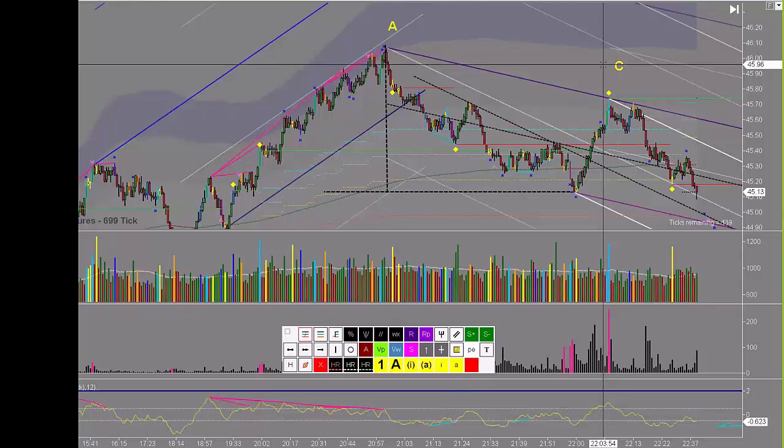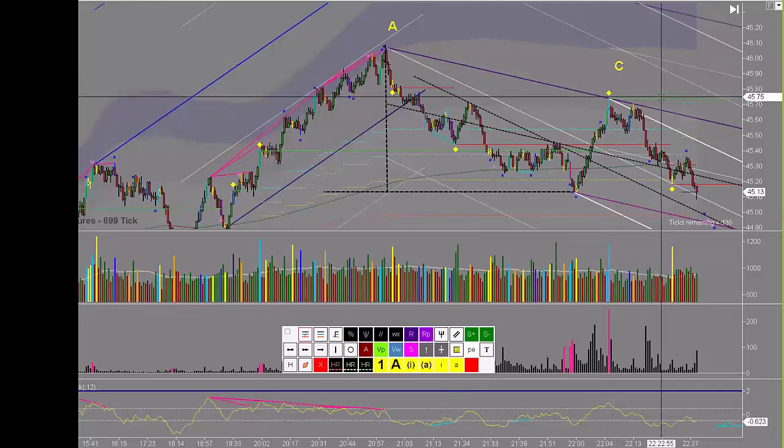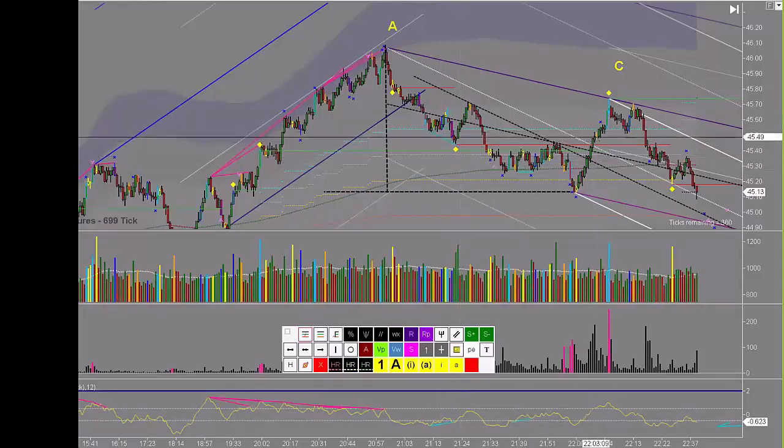Okay, so Bobby's looking for a long. So we've got probably more shorts. Okay, all right. So where do you think you would be looking for a short? Would we be looking for a short of this area or this area? Or would you be looking for a long to go back up?